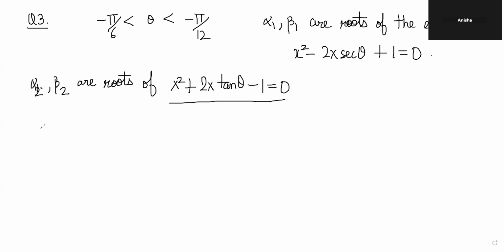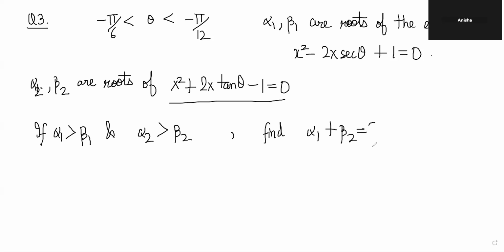Now they have said, if alpha 1 is greater than beta 1 and alpha 2 is greater than beta 2, find out alpha 1 plus beta 2.